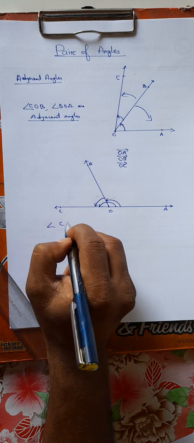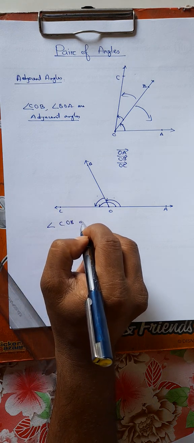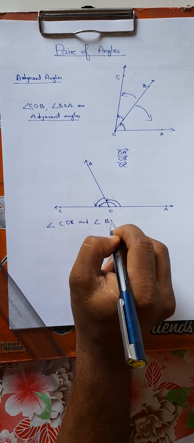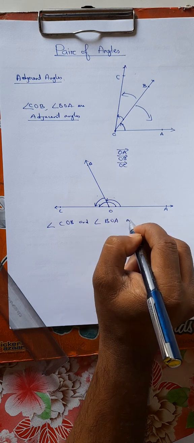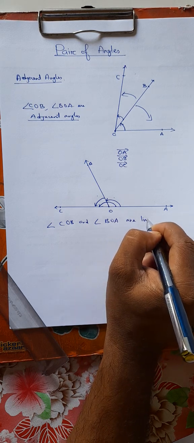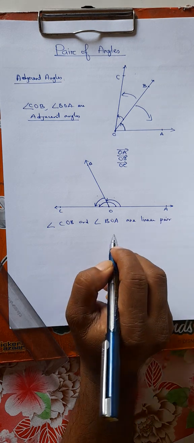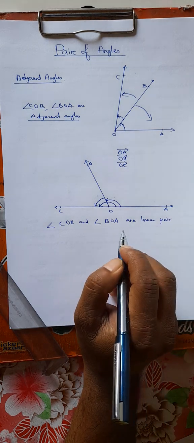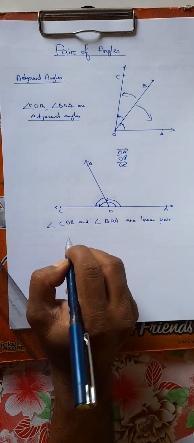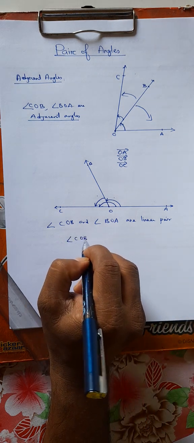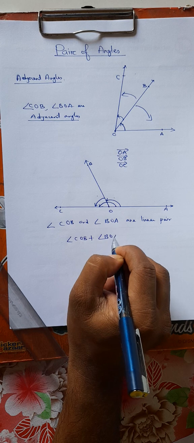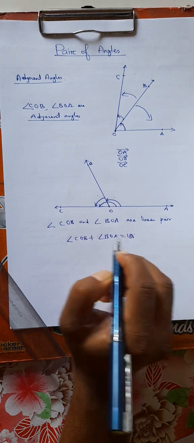Angle COB and angle BOA are linear pair. So a pair of adjacent angles are said to be linear pair if their sum is 180 degree. Angle COB plus angle BOA equal to 180 degree.